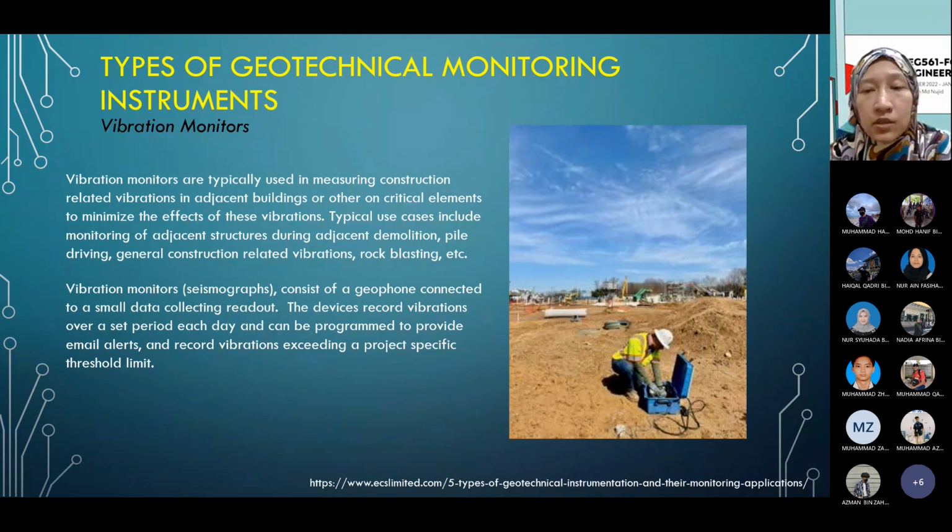This is quite advanced because of the integration of the internet, and the instrument can provide real time data. So we can estimate, for example, geotechnical failures such as earthquakes, where there is no early sign. If you have an early sign of an earthquake, we can have minimal impact from the seismic activities.